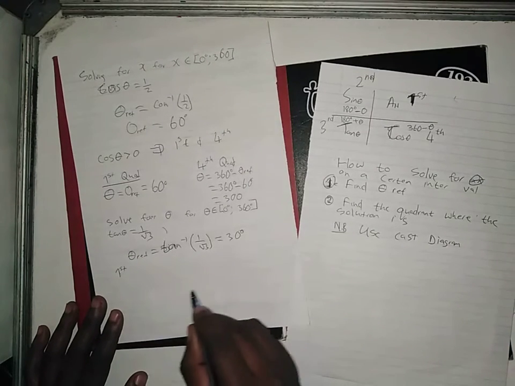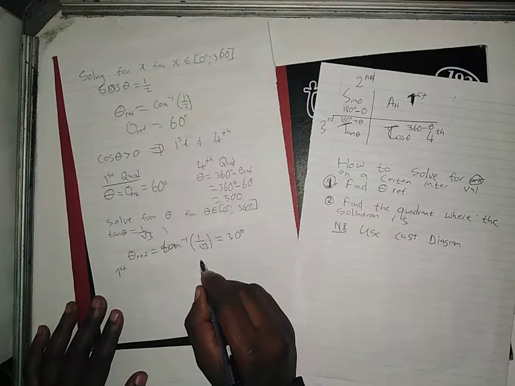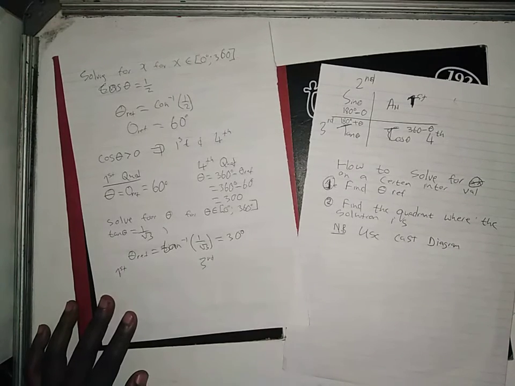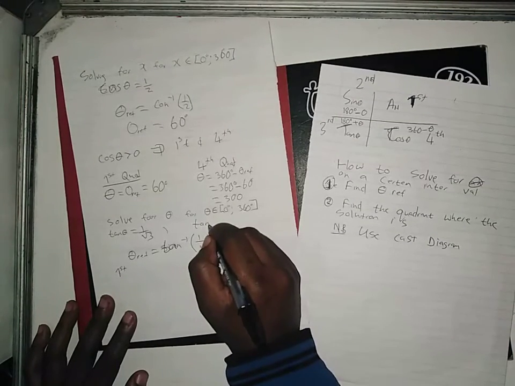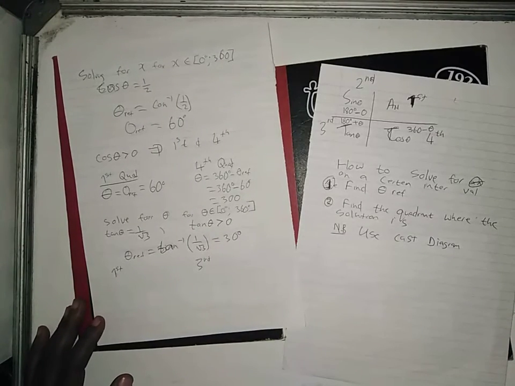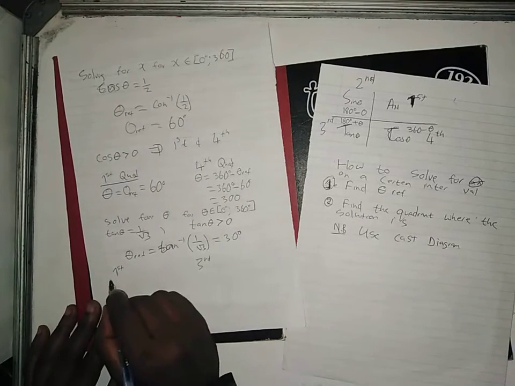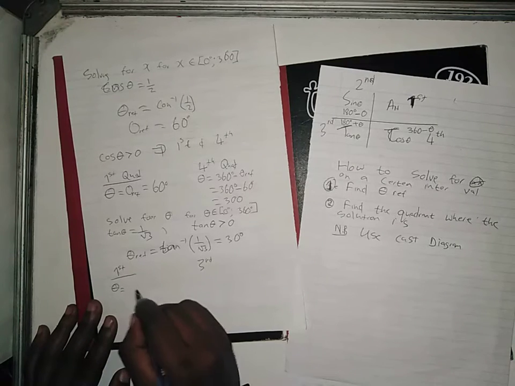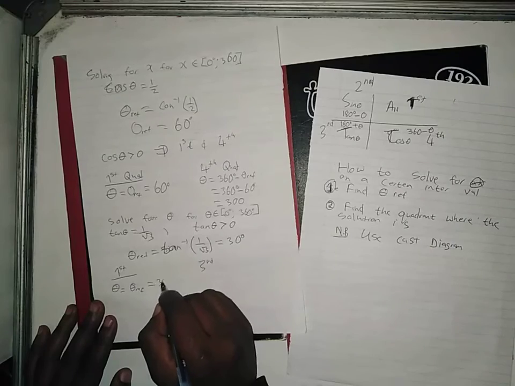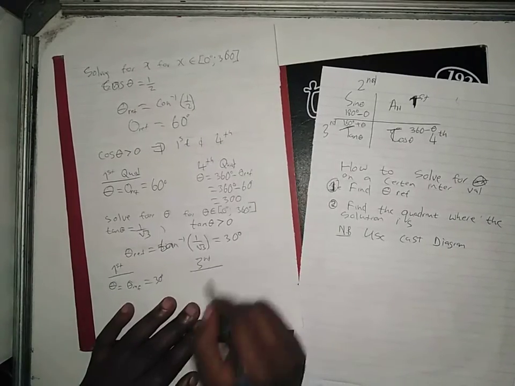You've got a solution in where? In there, in the third quadrant. Why? Because tan theta is positive, is greater than 0, which means it's positive. Okay, so here theta is equal to theta ref. You all know that. So that means this is 30 degrees. Now in the third quadrant, what happens?